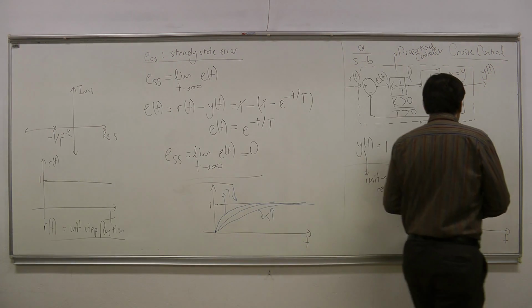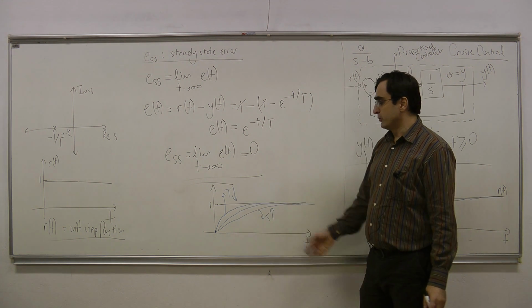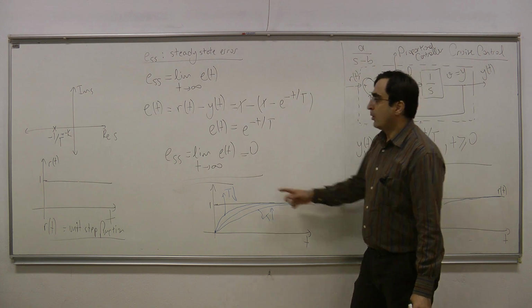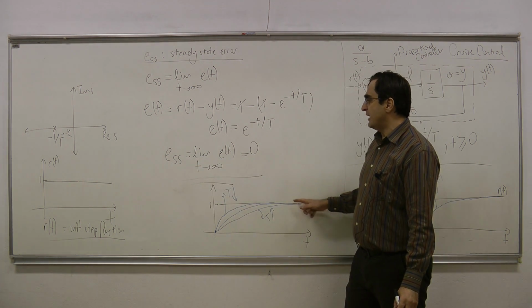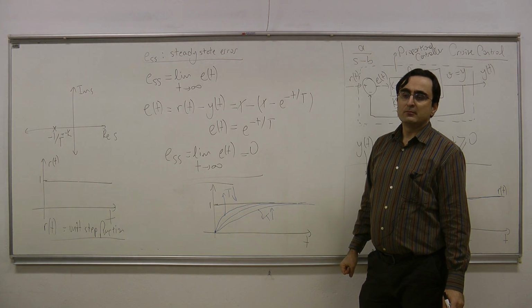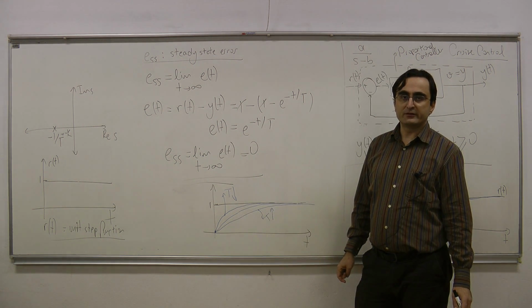And you see that all three of these responses are reaching the same desired value. So in terms of the steady state error, all of these three responses are the same. But in some way, these responses should be different.